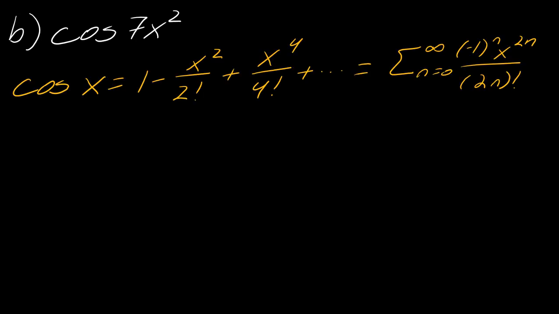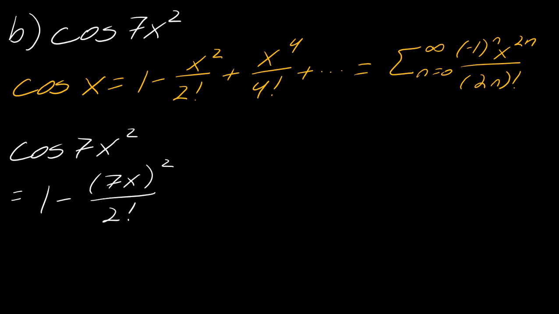Okay, so here's my cosine of x that I want to follow. Once again, for my cosine of 7x squared, I'm just going to replace all of my x's with 7x squared. So I can really just implement that into the series.